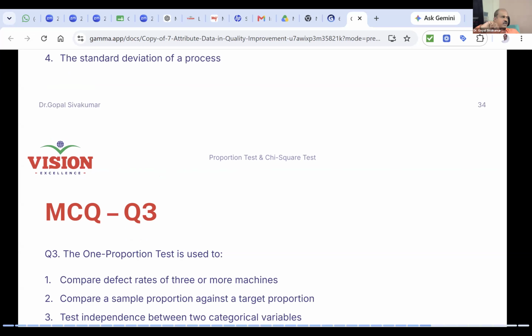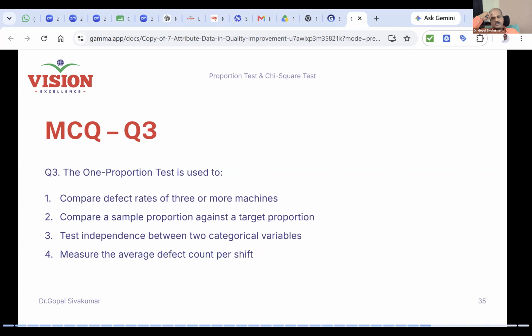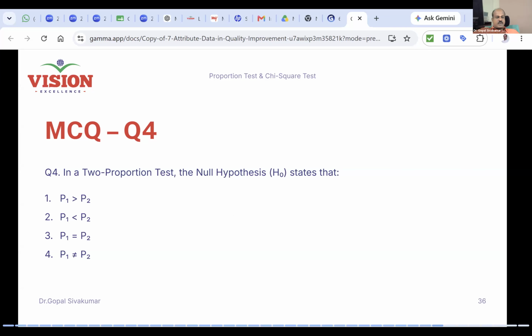Third one. The one proportion test is used to compare a sample proportion against a target proportion. Very good. In a two proportion test, the null hypothesis always states that P1 equal to P2.